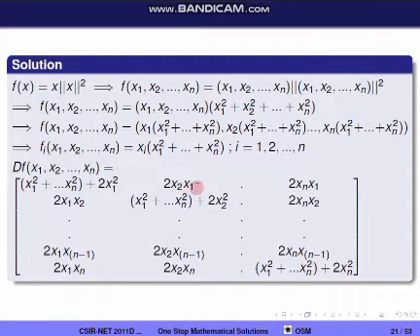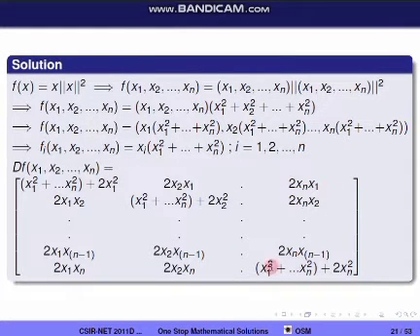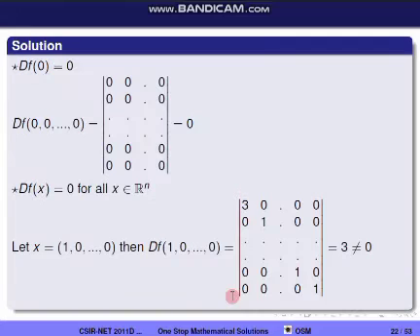So we will get it like this. Similarly, find every element. So we will get the derivative of f as this. So now we will check option-wise. So the first option is asking whether df of 0 is equal to 0. So substitute 0 in place of the xi's. So we will get df of 0 is equal to 0. So option 1 is correct.